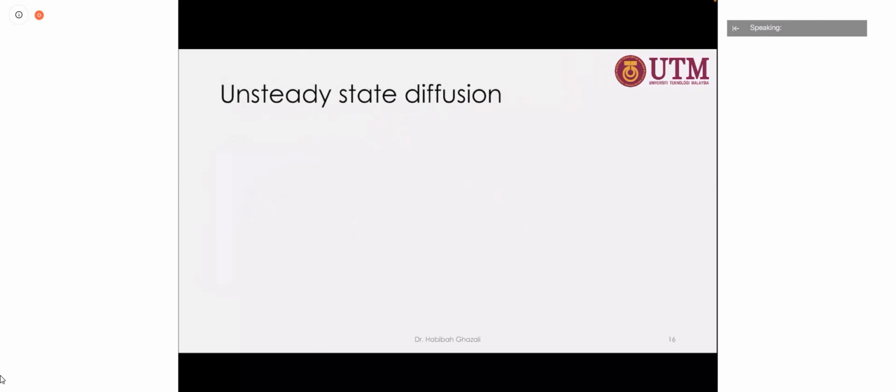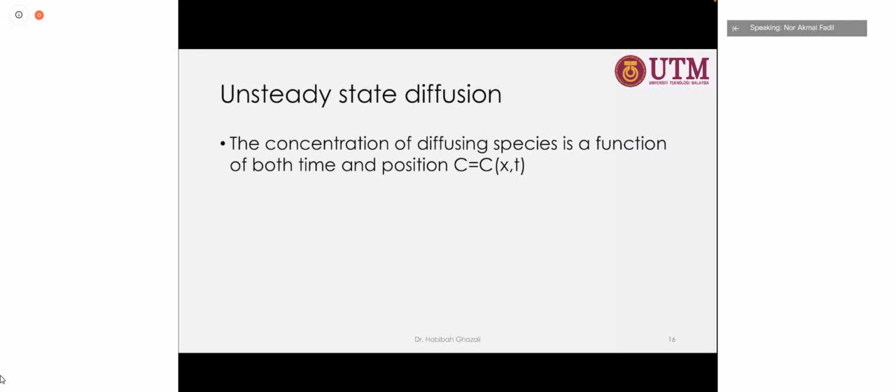Okay, that one is steady. It doesn't count time as a parameter in the diffusion rate. But the concentration of diffusion species, if you consider it as a function of distance and time, can apply Fick's second law.